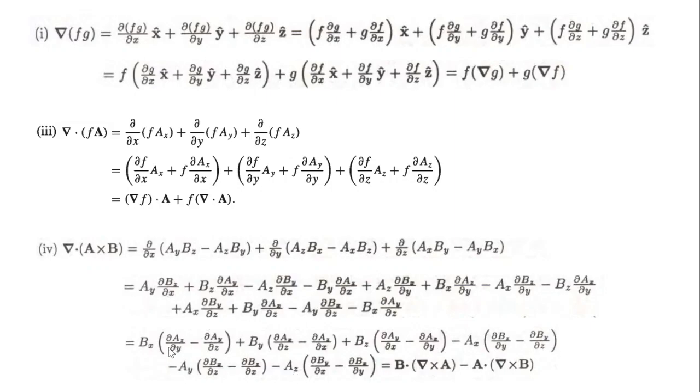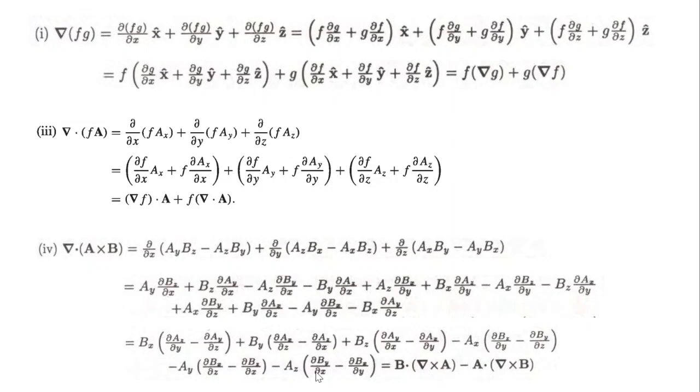Now look at these terms in the bracket. So first let's take the first three terms. The terms in the brackets are nothing but curl of a. So this is the x component of curl of a, this is y component of curl of a, this is z component of curl of a. So first three terms are nothing but b dot curl of a.